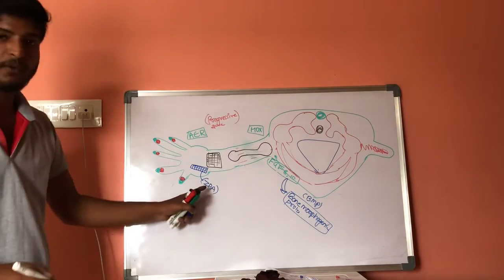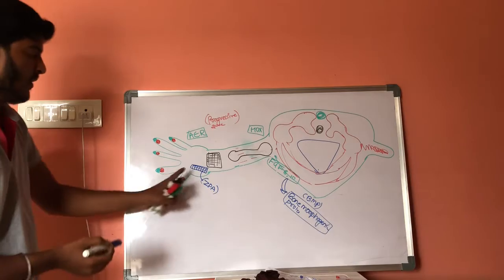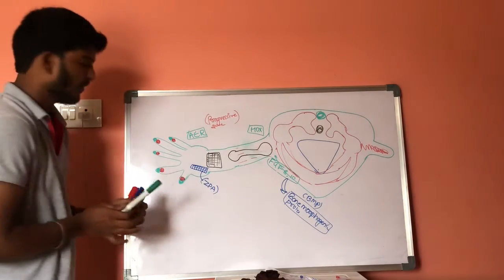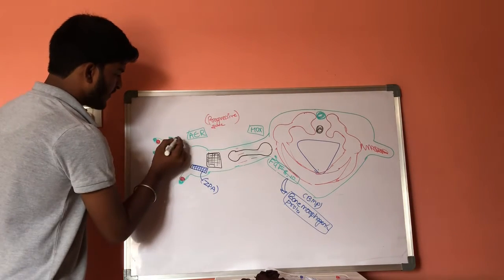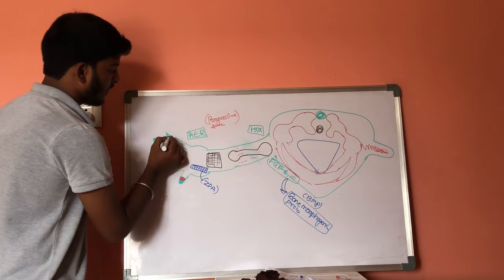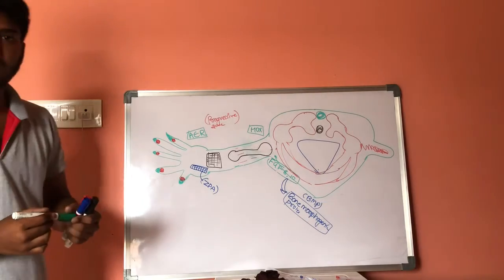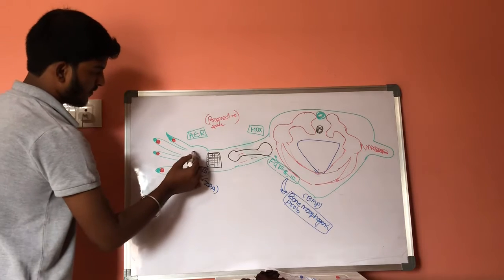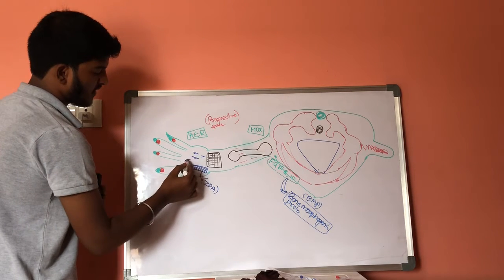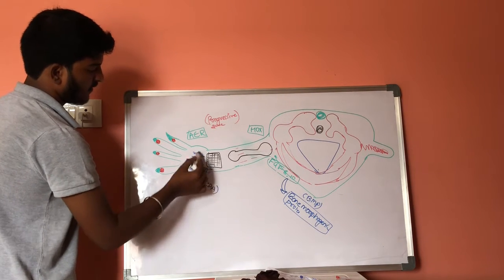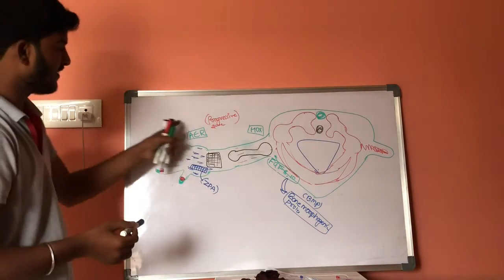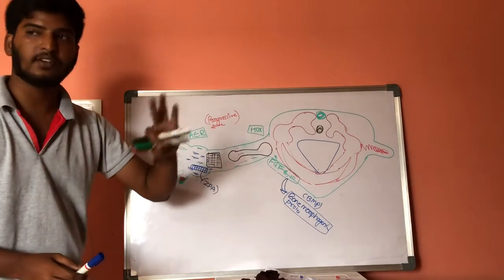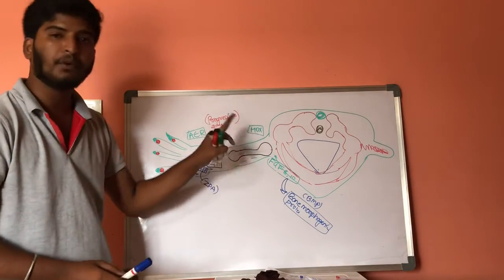It is responsible for the shape of the thumbnail, and it also consists of several cells. Whenever the hand shape is formed, these cartilaginous forms should get converted into bony forms.